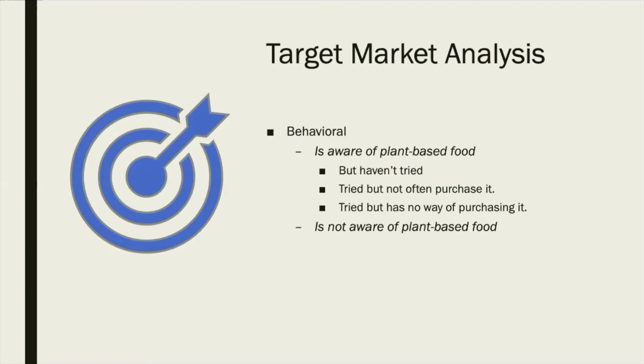That's why we need our campaign to show them that there is a way, and our product is actually very close to our customers. And for those who are not aware of plant-based food, this just gives another reason why advertising on social media platforms is necessary, and not just for our benefit, but for their benefit too.